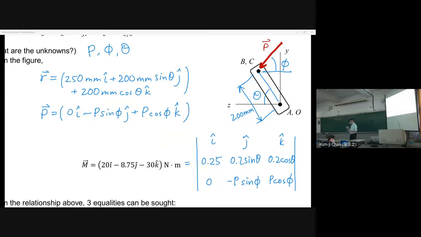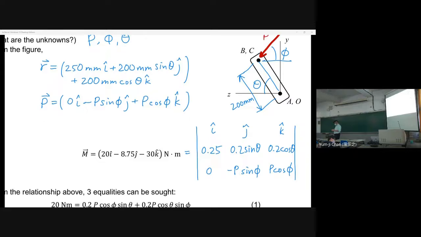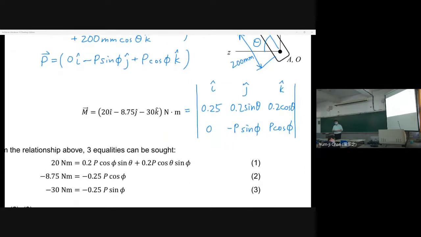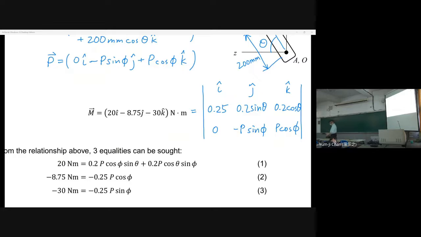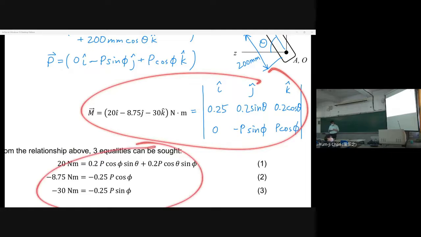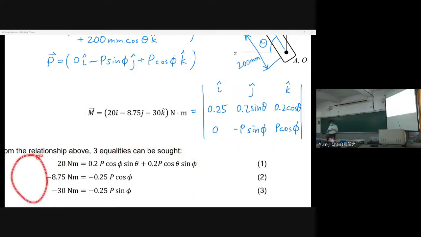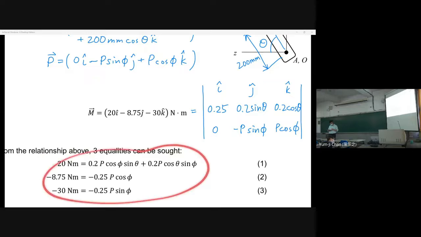Okay. Please check this at home to see that from here we get these three equations. Should we write down anything in front of the equations in the examination?